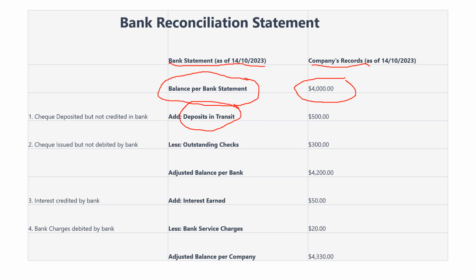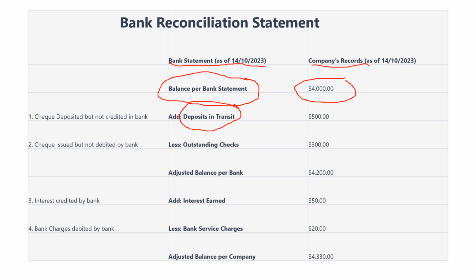Now, next example, check issued but not debited by bank. That means you have issued a check, but this check has not been presented to the bank or it has not been cleared from your bank account. Obviously, your balance will show high, but the actual fact is not like that. The balance should be decreased since you have issued a check to some party.